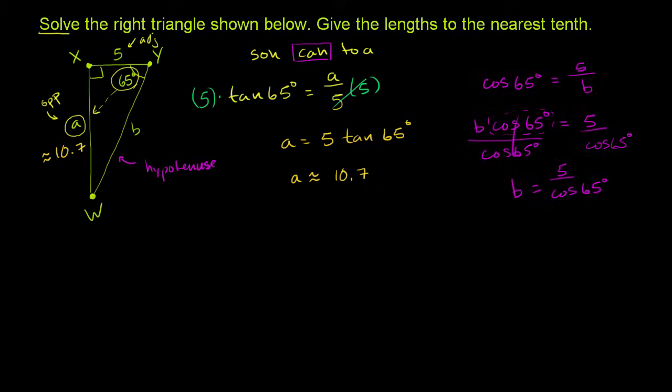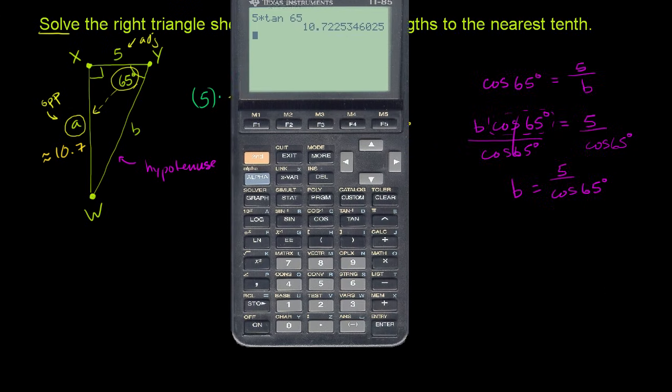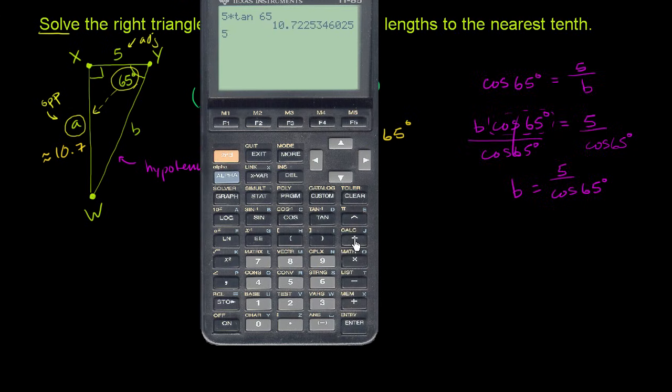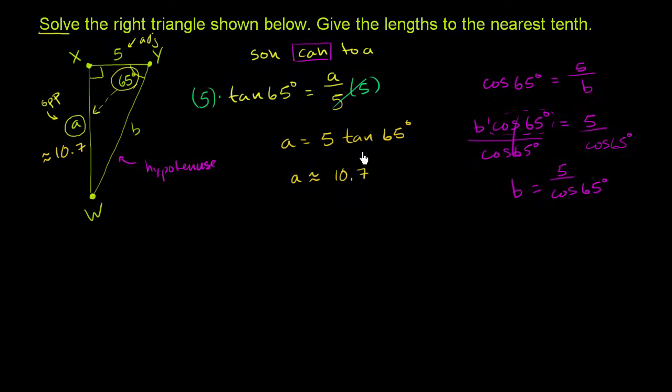So let us now use our calculator to figure out the length of B. The length of B is 5 divided by cosine of 65 degrees. And if I round to the nearest tenth, I get 11.8. So B is approximately equal to 11.8. And then we're almost done solving this right triangle.